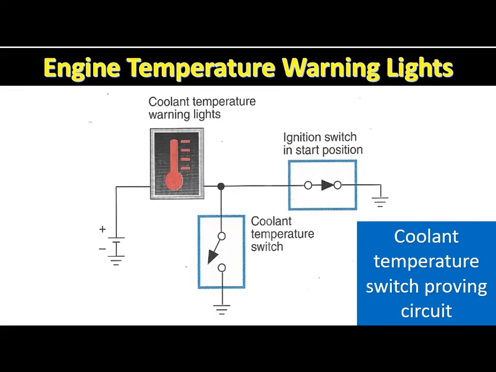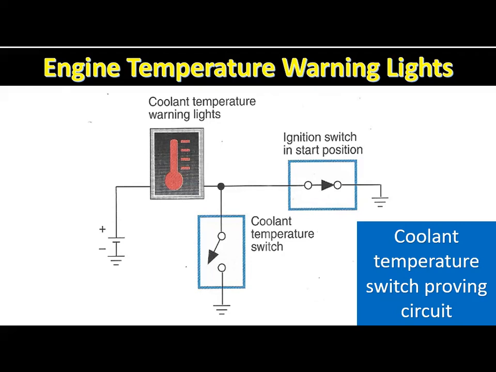If the coolant temperature increases to a specific overheated condition, the bimetallic strip bends and closes the contacts in the sending unit. As long as the overheated condition is present, the sending unit contacts remain closed and the temperature warning light is on.